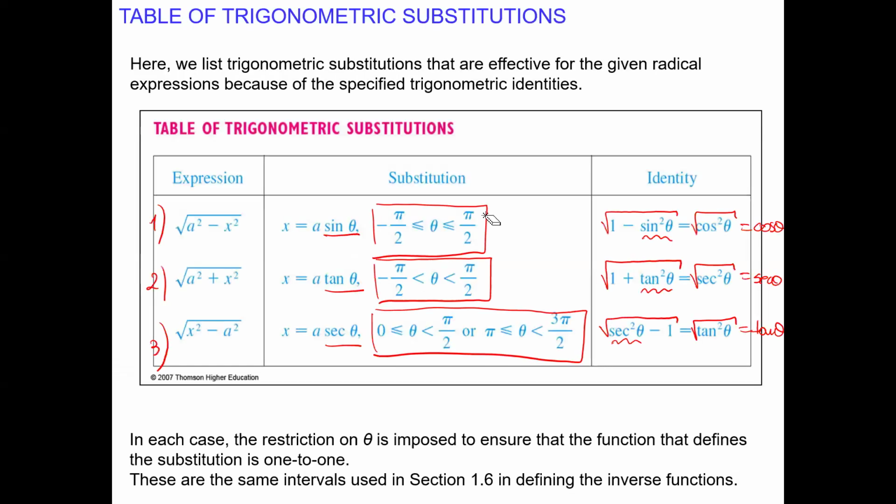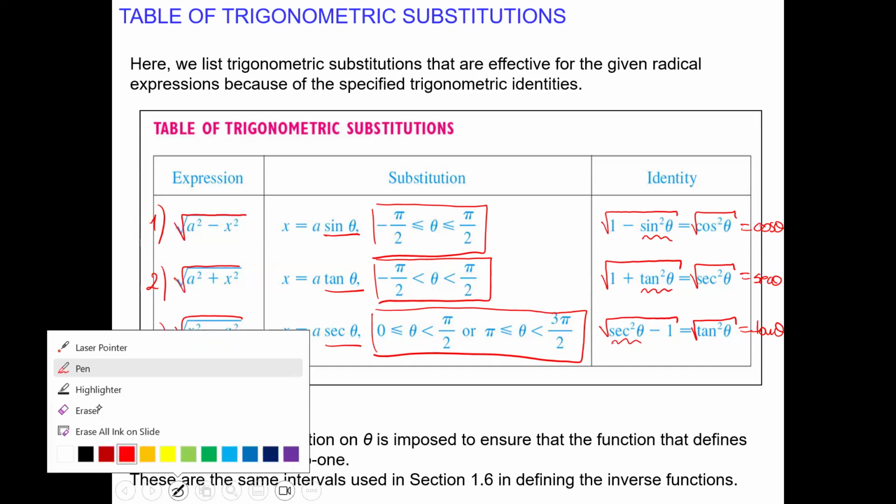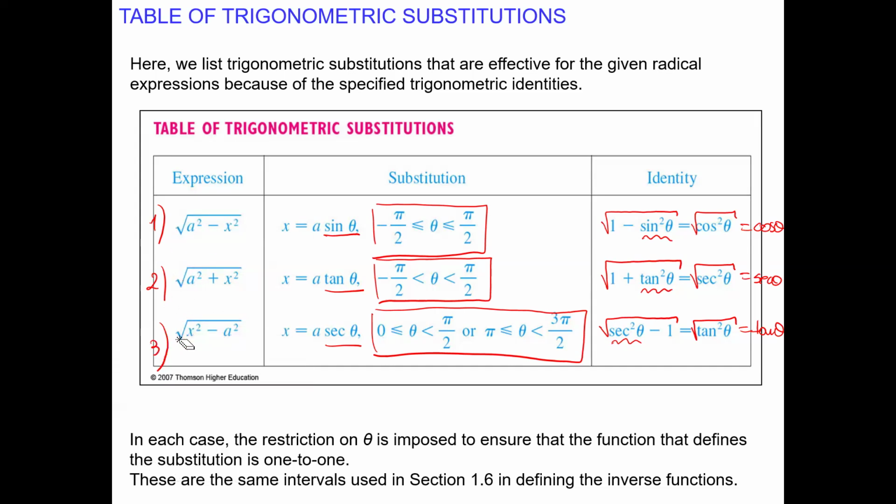I just want to say one thing, because we will use trigonometric substitution if we see these expressions: a squared minus x squared, a squared plus x squared, x squared minus a squared, and especially when we see them inside the square root. But sometimes we may see two things.